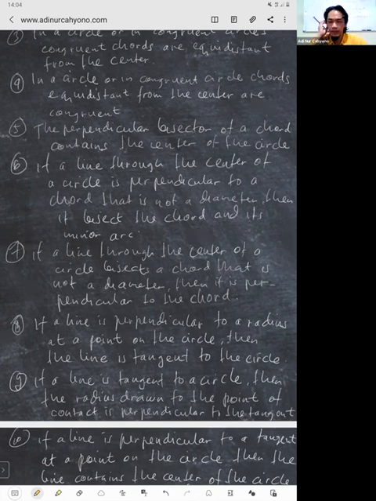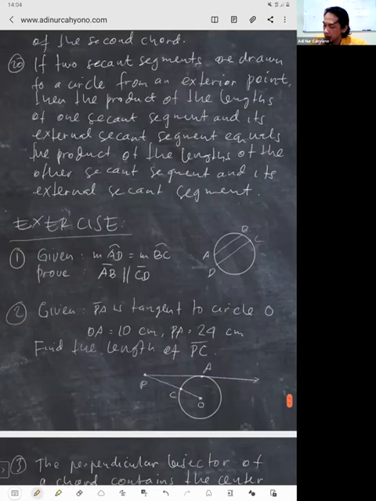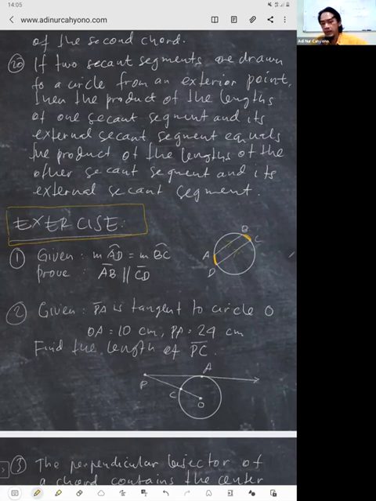The first: given that the measure of arc AB is equal to the measure of arc BC, you have to prove that AB and CD are parallel. Please try to solve it, not now, but after this meeting, and you can discuss with your friends.